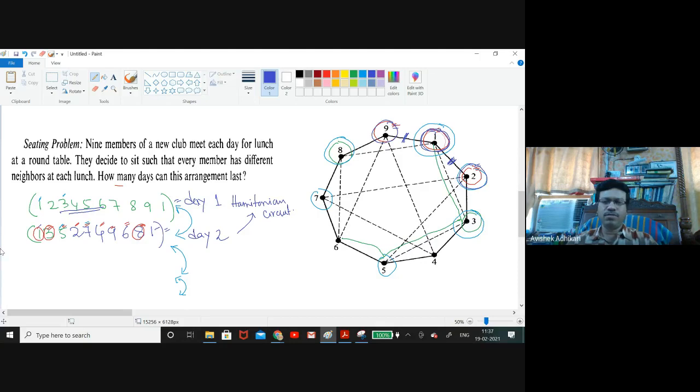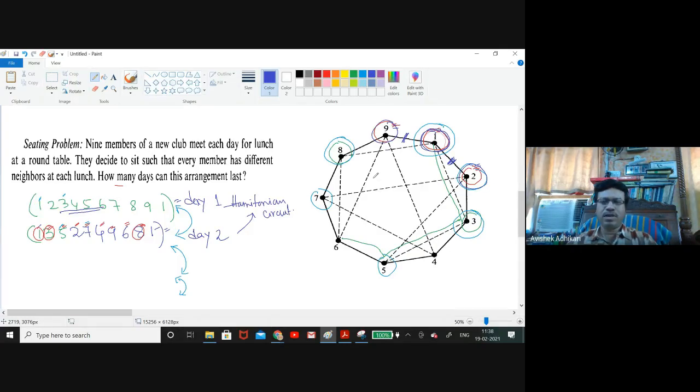So you remember edge disjoint? That means two of these Hamiltonian circuits should not have any common edge. See, both of them are basically edge disjoint. They do not have any common edge, right? And also, on what kind of graph are we trying to find this problem?